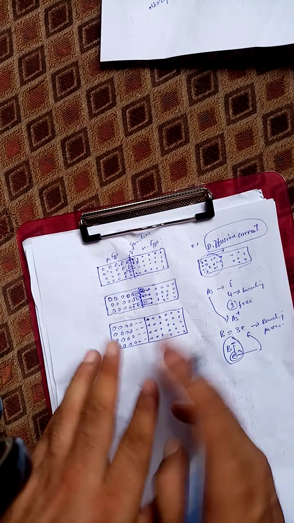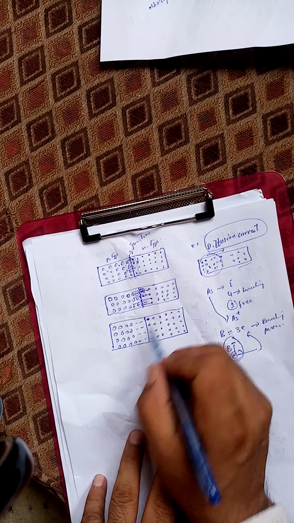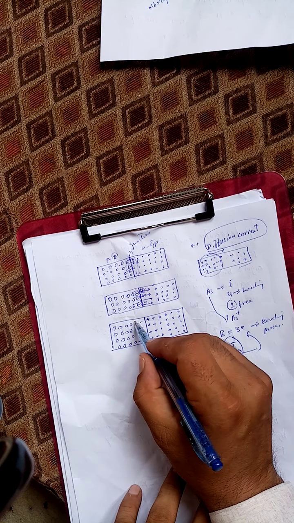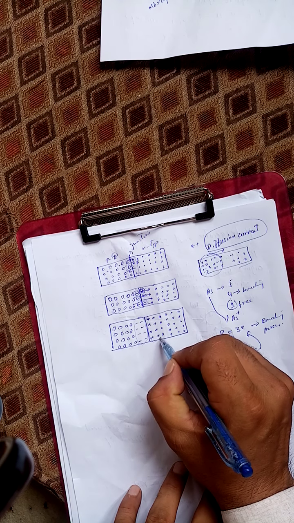Now what happens after this? Do these electrons also diffuse, or do these holes also diffuse across the junction? The answer is no, because we have a lot of negative charge here and a lot of positive charge here.